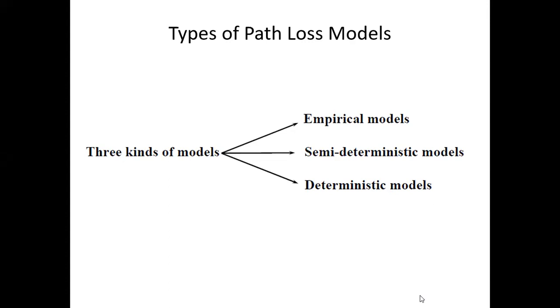But another set of models can be completely empirical models, completely depending on the test results. We discussed recently, there were some tests in Tokyo, and a model was developed called the Okumura model. That is a completely empirical model, completely dependent on tests.